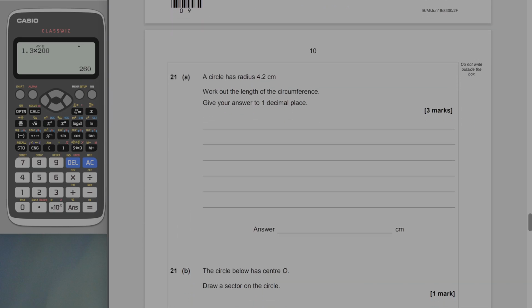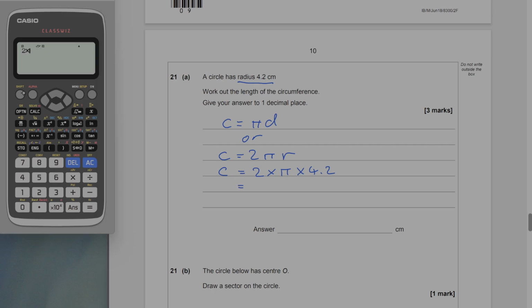Right. Question 21. A circle has a radius of 4.2 centimeters. Work out the length of the circumference. So we've got two formulas for the length of the circumference. Circumference is equal to pi d, or circumference is equal to 2 pi r. The version we want is the one involving the radius, so I'm going to say that the circumference will be equal to 2 times pi times 4.2.